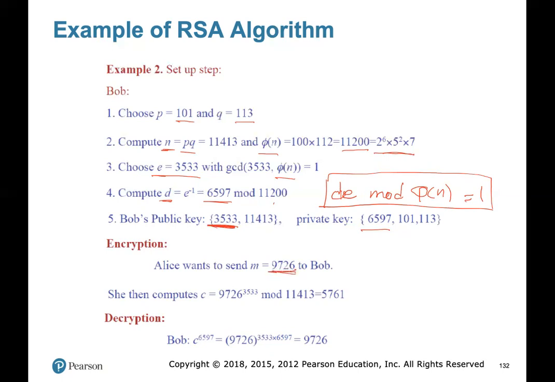The message should be powered to the public key of Bob. So we calculate 9726 to the power of 3533. Of course, mod 11,413, which is our N. So this is going to be our ciphertext. This is C, or our ciphertext, which is our message to the power of E.